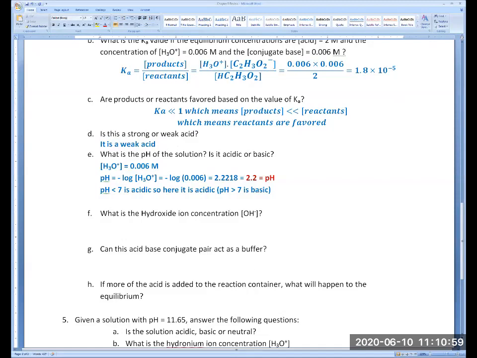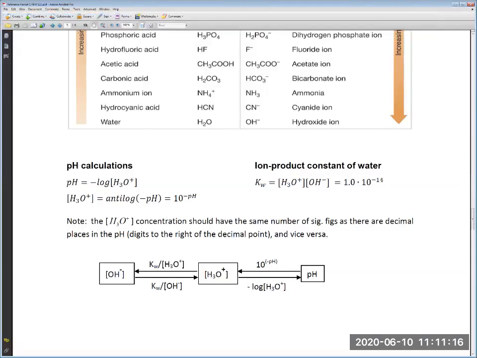I could write the reaction, but I'll do it afterwards. There is this equilibrium constant for this reaction, and let's look at the reference for that. The equilibrium constant for the dissociation of water, water plus water gives H3O plus and OH minus.